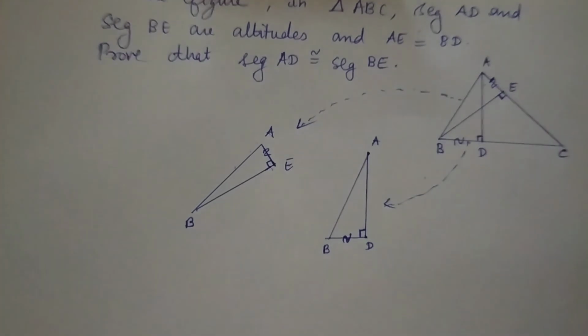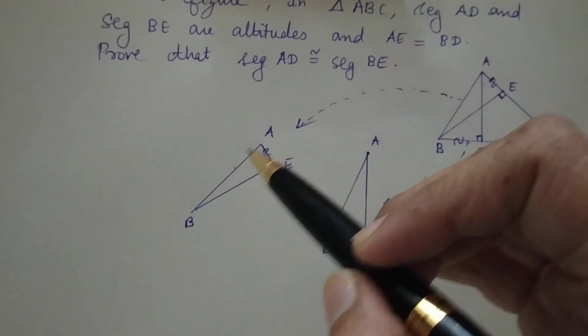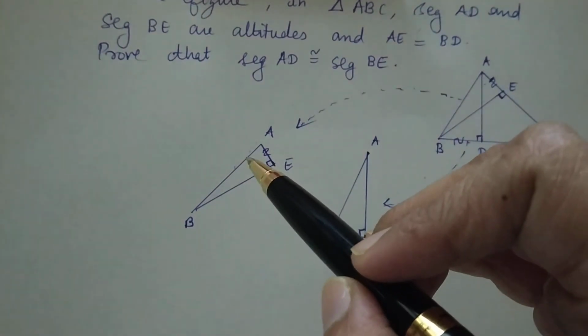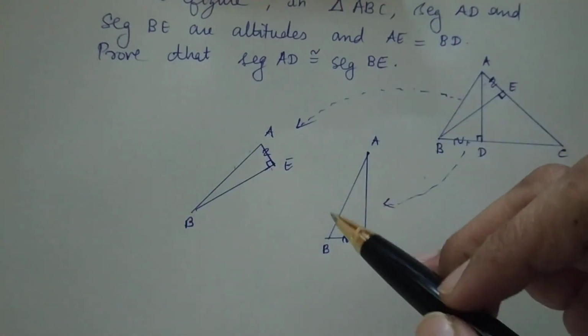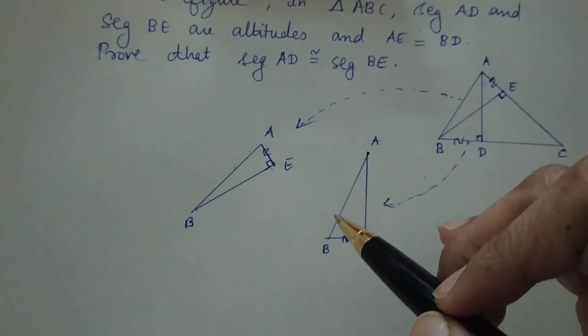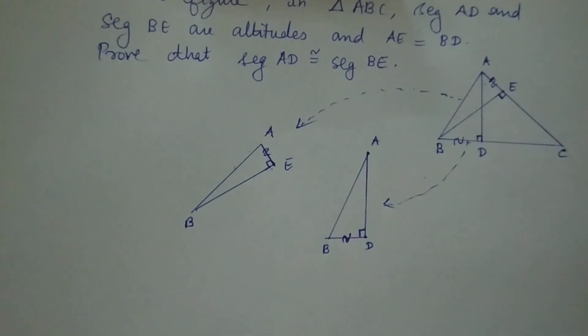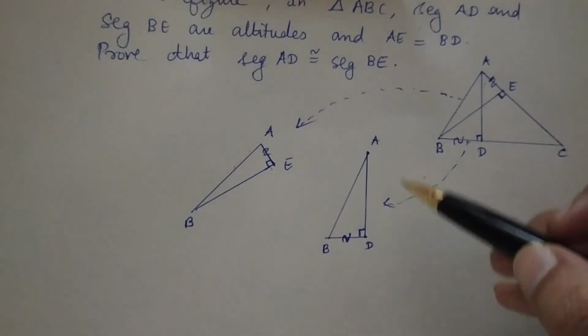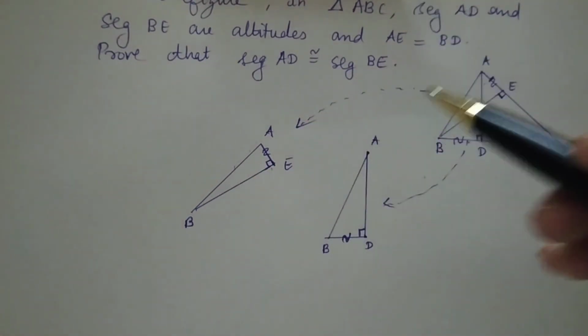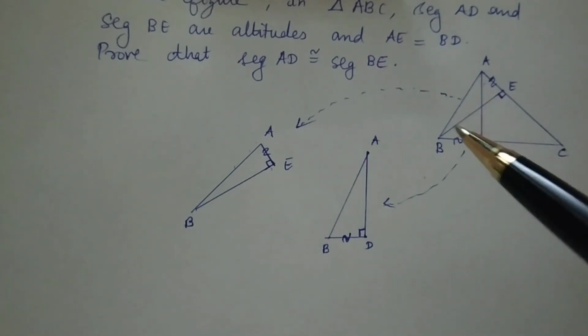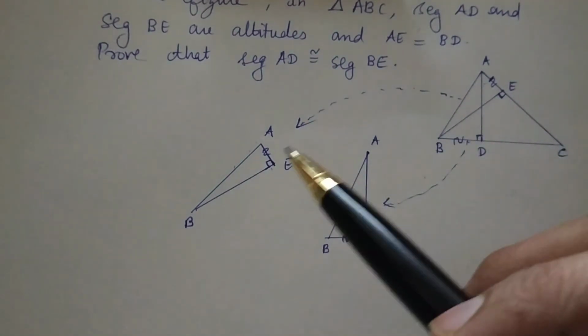Now, can I find a congruent hypotenuse here? AB is the hypotenuse of this triangle, since this is 90 degrees. Similarly, this is 90 degrees, so AB is the hypotenuse of this triangle too. So both triangles have the same hypotenuse, AB congruent to AB. Also I need one side, and I have that: BD is congruent to AE.